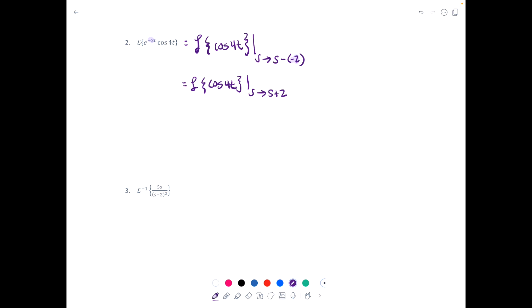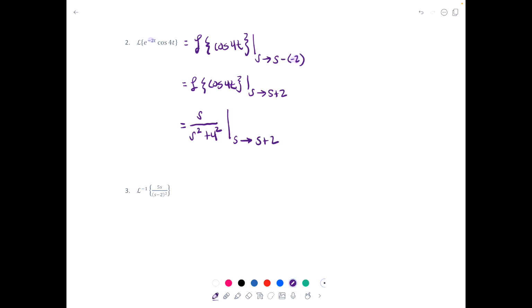Well, the Laplace transform of cosine of 4 times t is going to be s over s squared plus 4 squared. Again, we had derived that earlier. We're still going to have to change s to s plus 2, so we'll keep that notation in there.